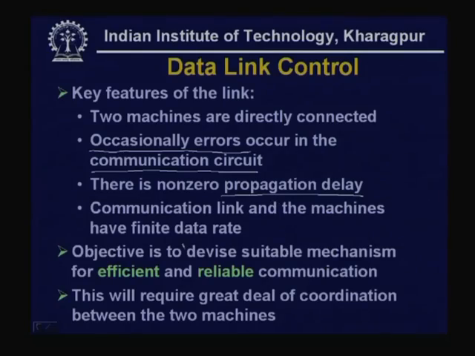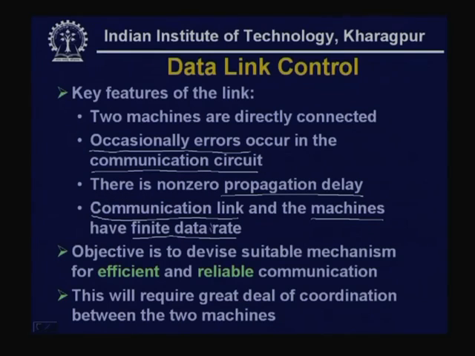Then the communication link and the machines have finite data rate, because the machines will have limited processing capability, and based on the bandwidth of the medium, the data rate will be limited. So, it is limited both by machines and also by the communication link.